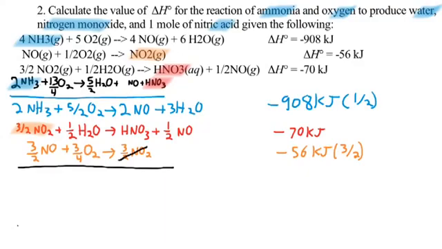So I have the 3 halves NO2 in orange and red that cancel out. I have the 2 NOs, and then in orange I have 3 halves NOs, so 3 halves of those are going to cancel out. Oops, I have some in red too.